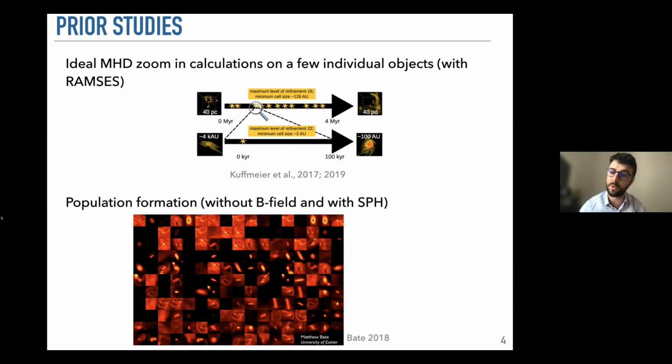There was also another study of population formation from massive clouds, but it was performed without magnetic field. And as I said before, the magnetic field is important to redistribute the angular momentum during the protostellar collapse, so for disk formation it's really important to include it.